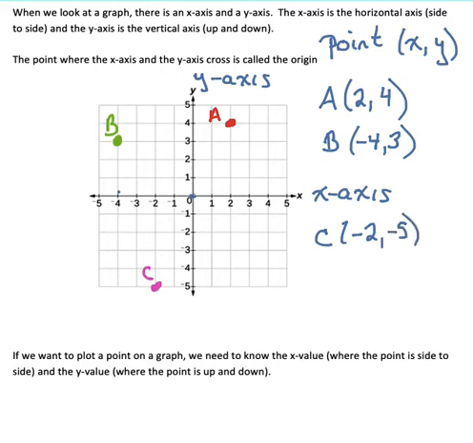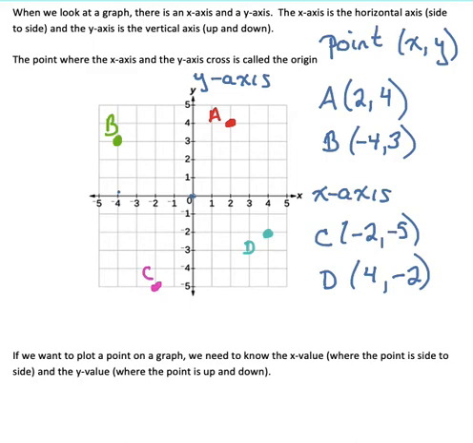And then let's do one last point. Let's put a point here, and let's call this point D. So for D, we start at the origin, we move right 4, so it's a positive 4, and then we have to go down 2, so it's a negative 2. So we always have our x first and then our y.